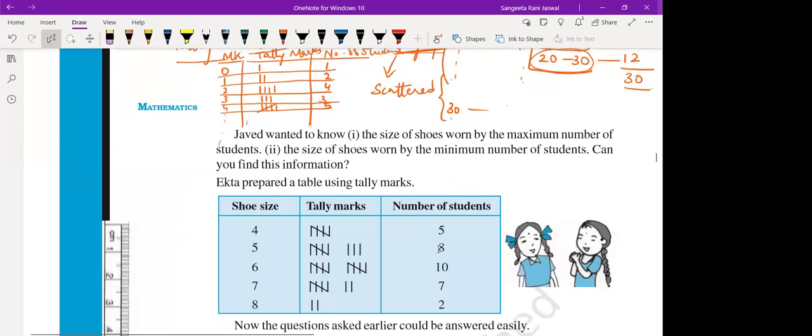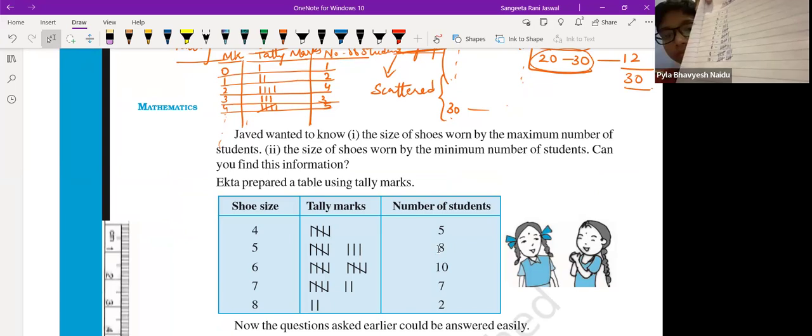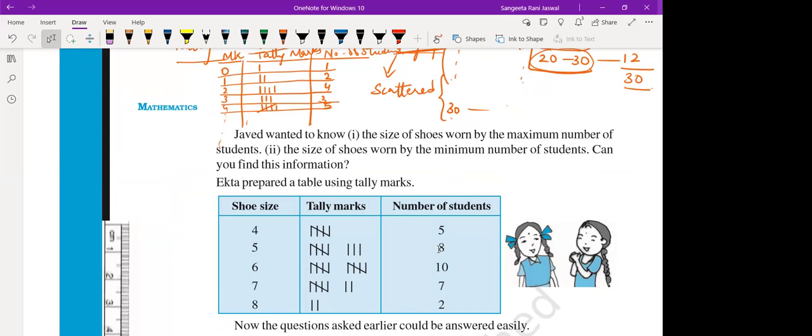So let's take this example. Javed wanted to know the size of shoes worn by the maximum number of students. The size of shoes worn by maximum number of students.